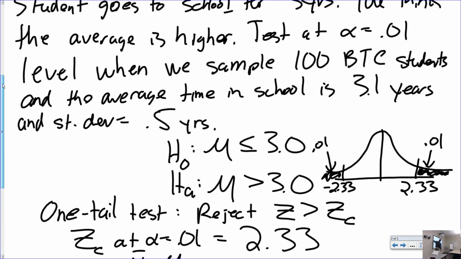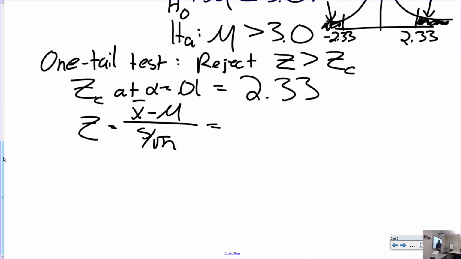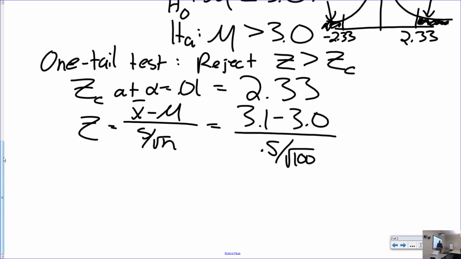So what was my x bar? 3.1 minus 3.0, all divided by 0.5 over the square root of 100. Something like that. 2.